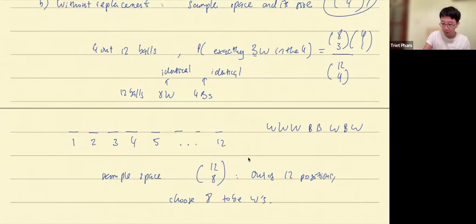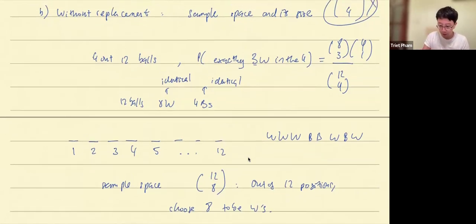You understand? For example, I choose these to be whites, and then the remaining are blacks. In that way, I can tell whether the first and third are whites or not. Does it make sense? So it's still 12 choose 4, 12 choose 8, whatever. Doesn't matter. I can even switch to 12 choose 4 now, so I choose 4 to be blacks. But the meaning is slightly different.